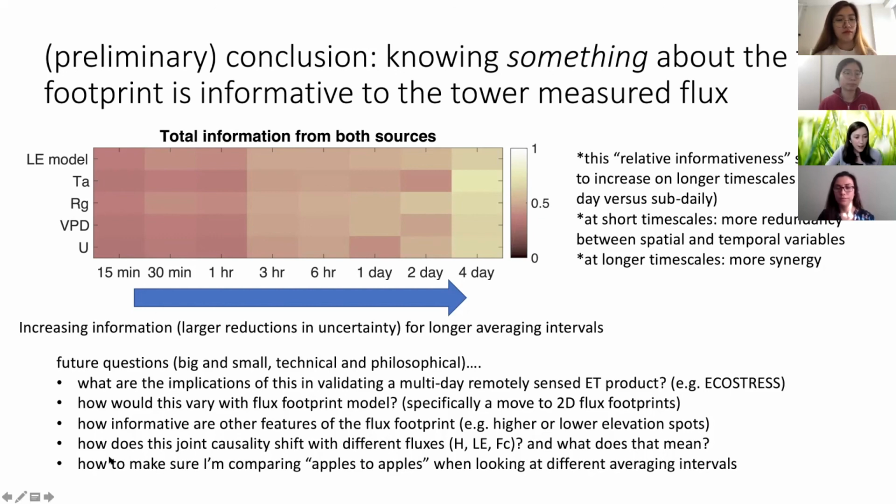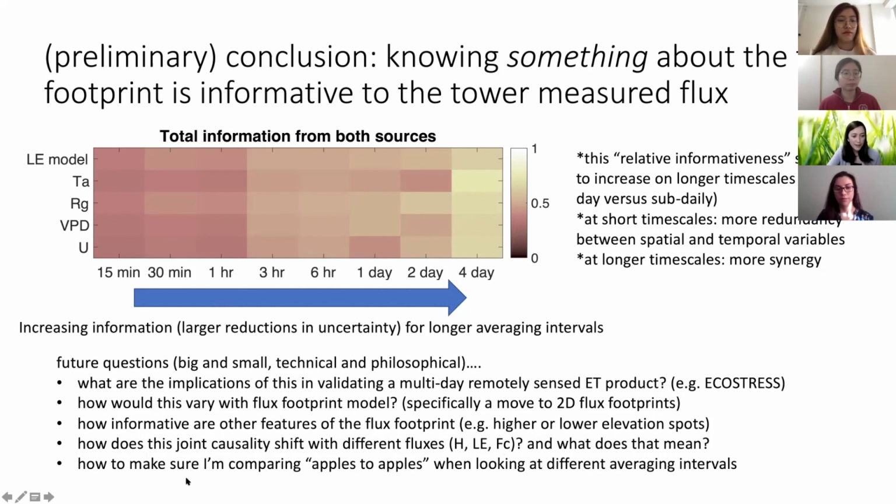And finally, on the technical side, how does this joint causality shift depending on what flux I'm looking at? For this preliminary analysis, I just focused on latent heat flux or evapotranspiration. But if this causality shifts with different fluxes, what does that mean?